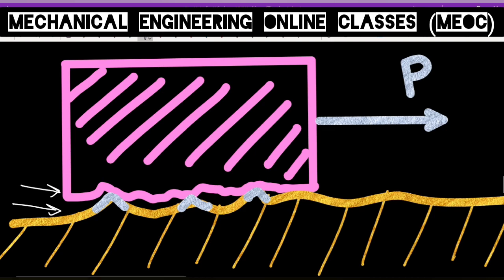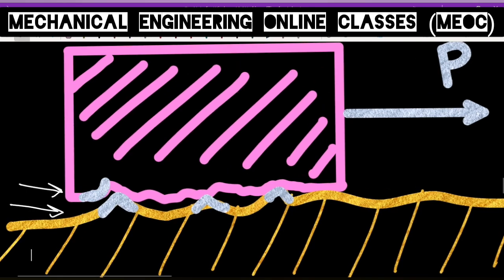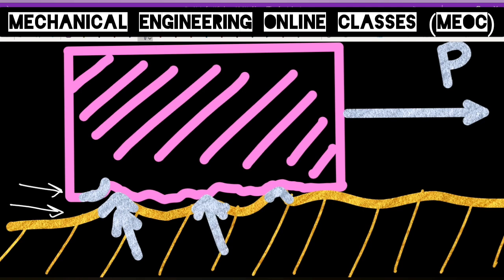So these peaks, as we have already learnt in our lecture video of support reactions, whenever there is a restriction, there will be a reaction from that restriction. So here this peak is hitting this particular peak of the object. So there will be a reaction force from the horizontal surface at this point onto the object. So here also there will be a reaction. Here also there is a reaction.